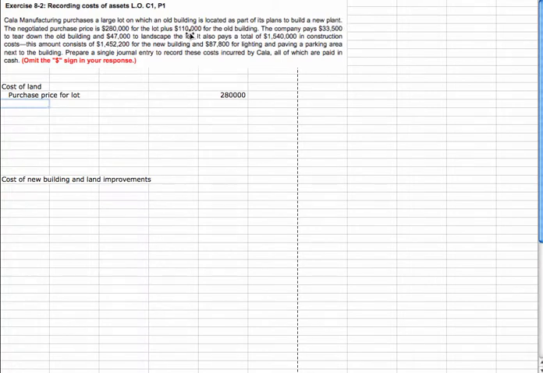So this $110,000 that's being paid for the old building is actually a cost of the land because we had to buy the building in order to get the land ready for construction of the new plant. So in this case, this $110,000 has to be included in the cost of the land.